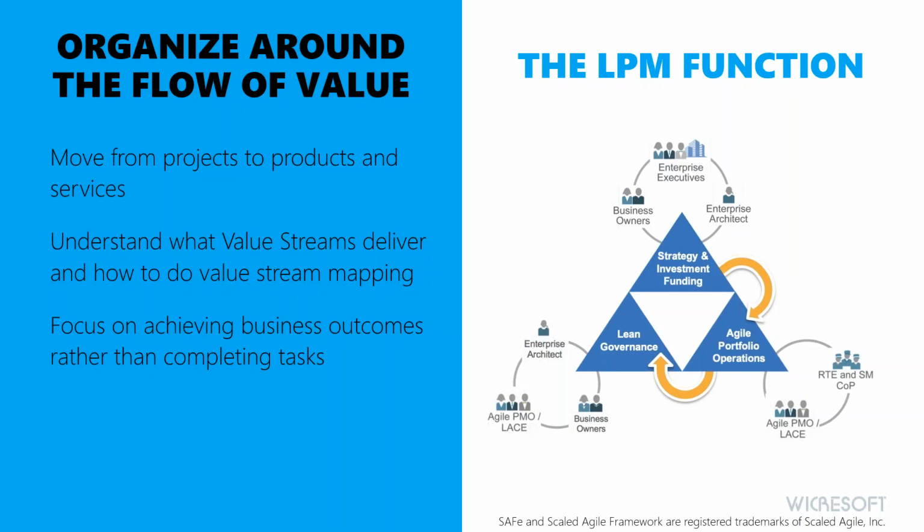We have, of course, often portfolio management offices, and within the framework of SAFe and LPM, there's a sort of updated definition of what an agile portfolio management office is. But there are other people involved in this function, including, of course, executives and business owners of product areas and other people too.